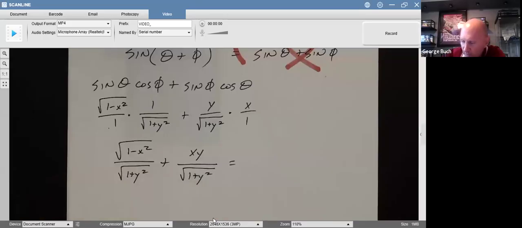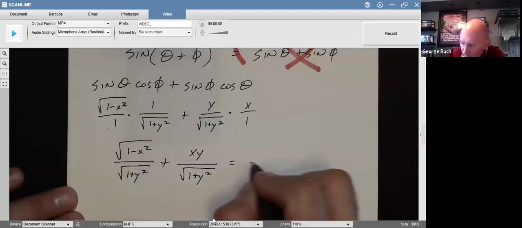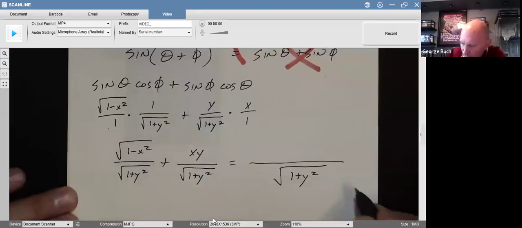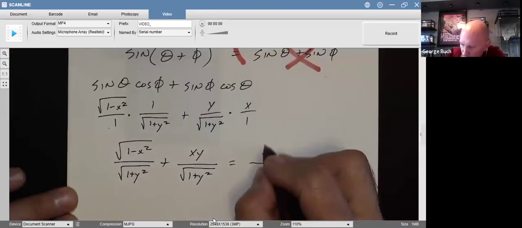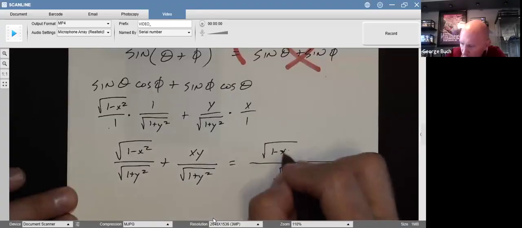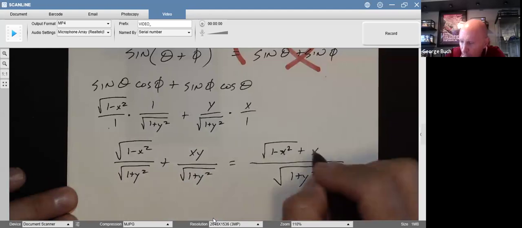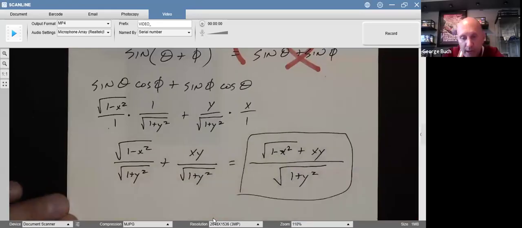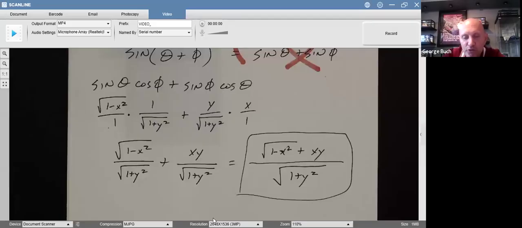But because they have the same denominators, that's what's going to be in my final answer. And now I just add the numerators. So square root of 1 minus x squared plus x times y. And that is it. Do not try to rationalize. Do not try to simplify. It's not going to happen. You're not going to make this thing look any nicer. Any algebra you do is probably only going to make it look even worse.